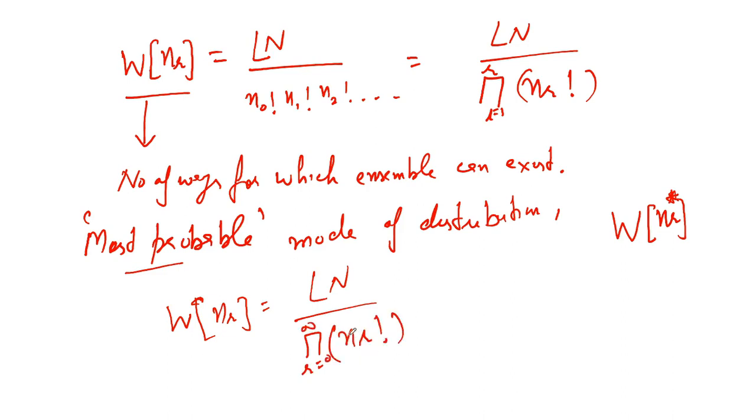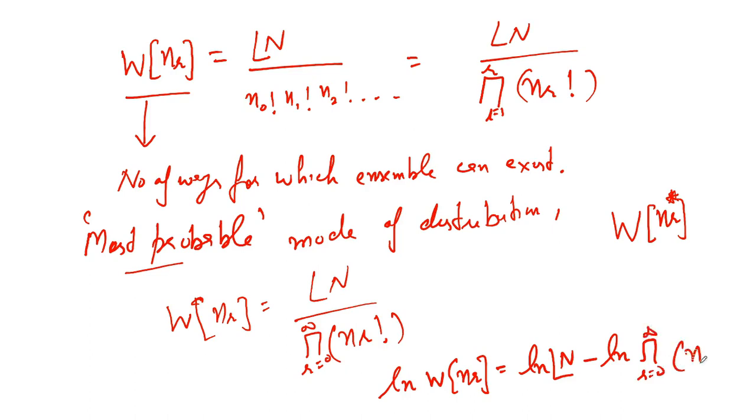Since N, the number of systems within the ensemble, is very large, taking log on both sides we can write log of omega nr equal to log of N factorial minus log of the product of nr factorial.